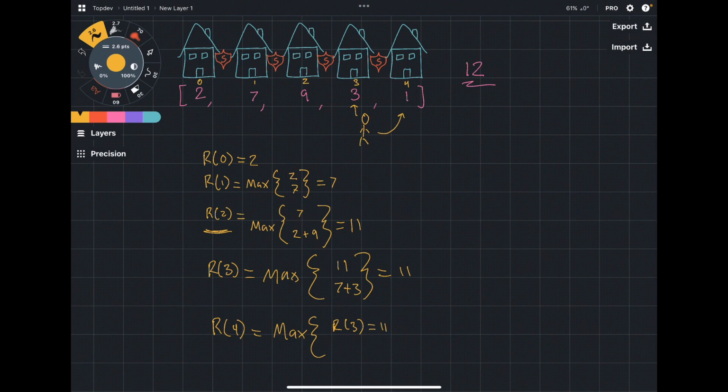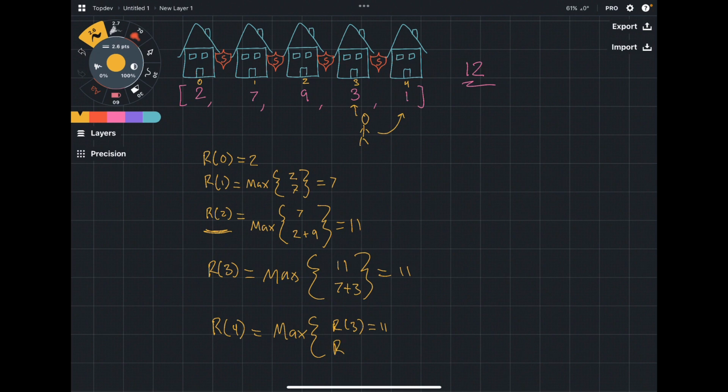Or I could do something like this. I could say, well, I know I could rob house number 4, 2, and 0. What would that give me? Well, I already know what would happen if I was to rob house number 2. It's 11.